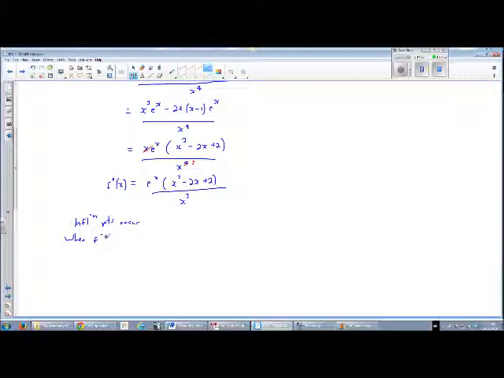And when you multiply both sides by x cubed, that disappears, so we're left with 0 equals e to the power x multiplied by x squared minus 2x plus 2. Again, e to the x is never equal to 0. And we've got x squared minus 2x plus 2 equals 0.